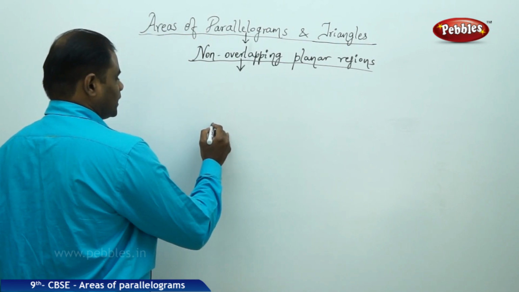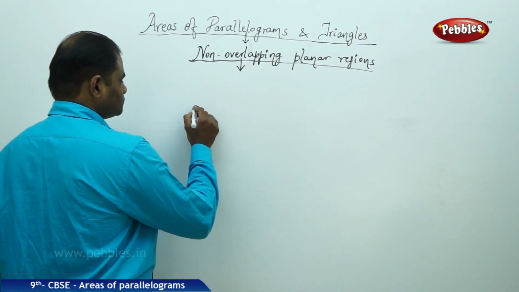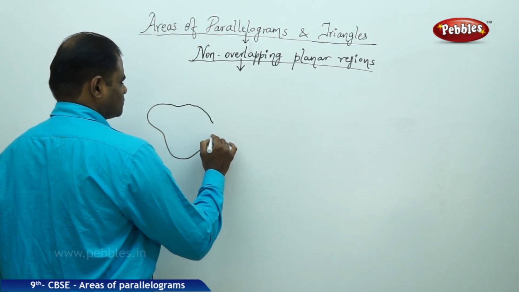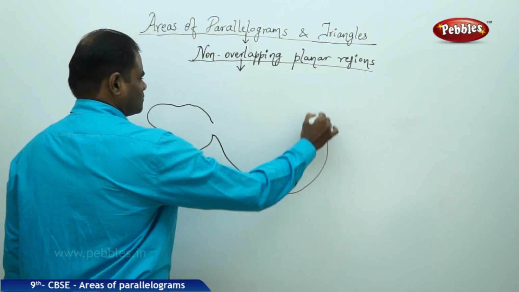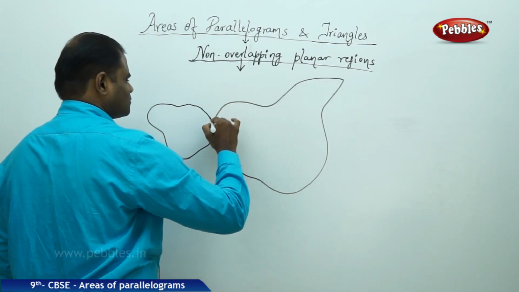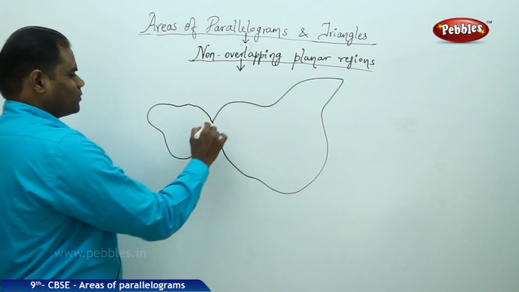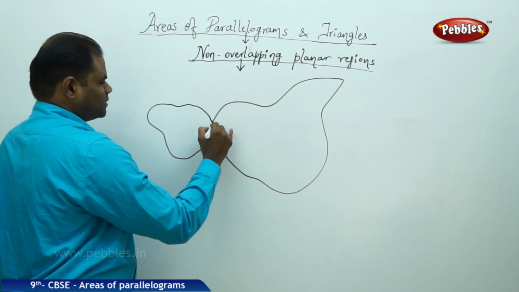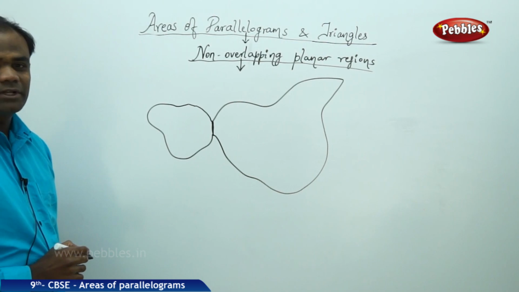For example, I have these two regions which are separated here. So I have two regions here.